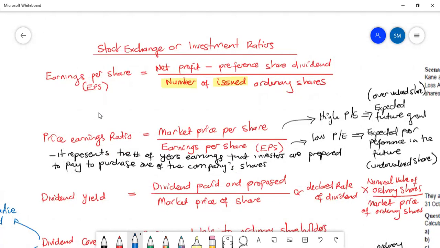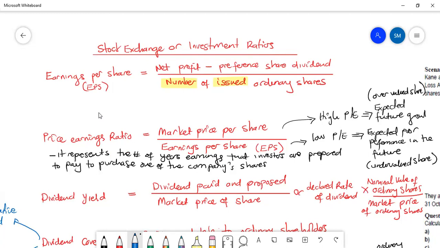So I think at face value, this earnings per share ratio will tell you how much a company makes. It tells you how much a company makes for each share, for each individual share that it has. All right.